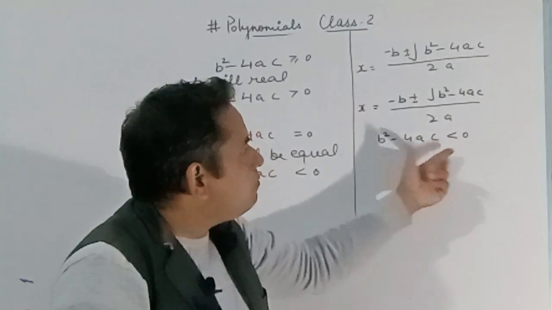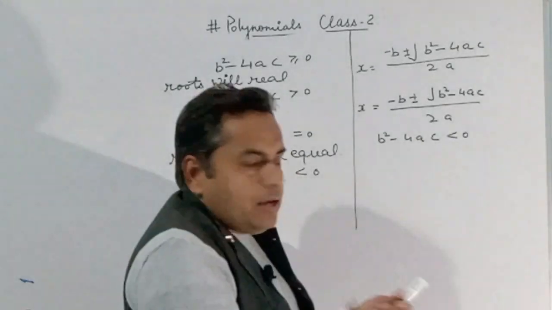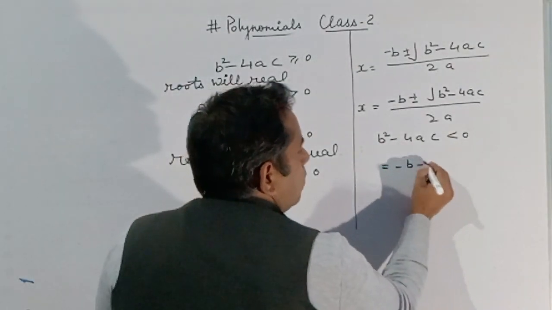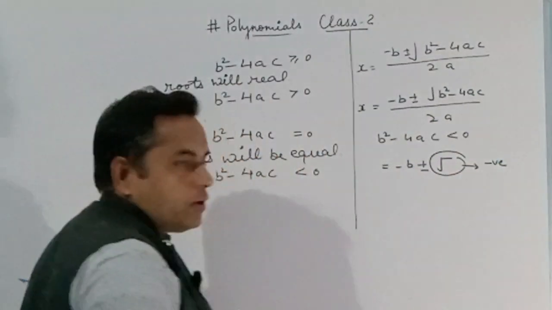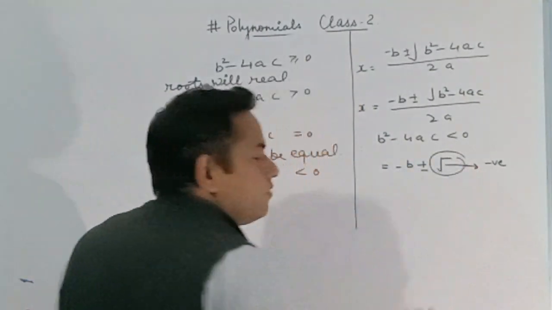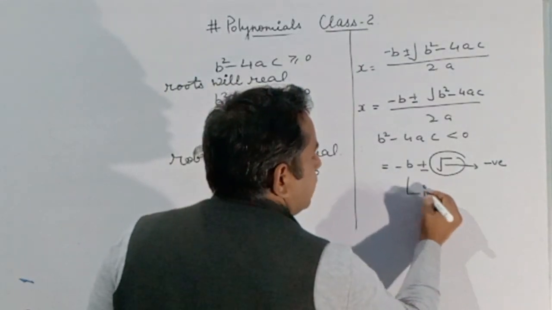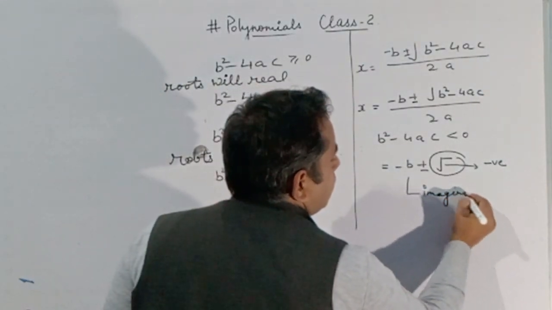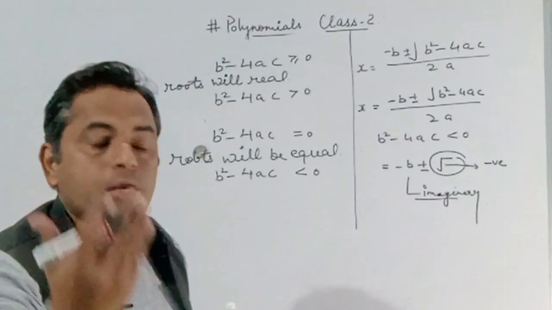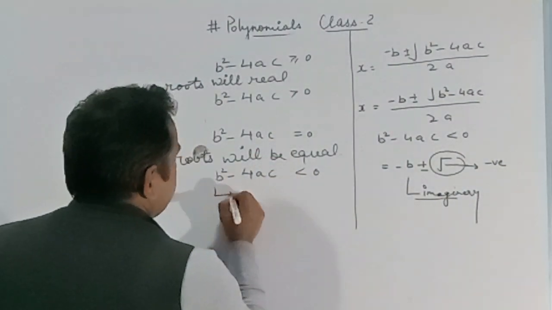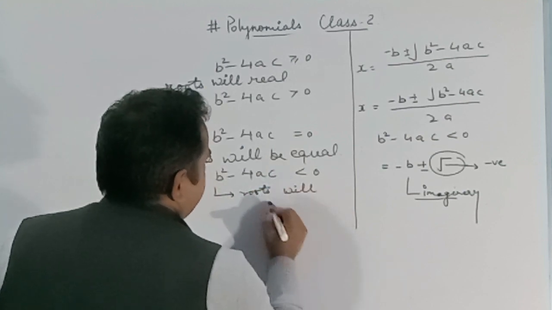If we have a negative number as the discriminant, then it is under the root, and whenever we have a negative number inside the root, it will always become an imaginary number. That means roots become imaginary. In that case, roots will be imaginary.